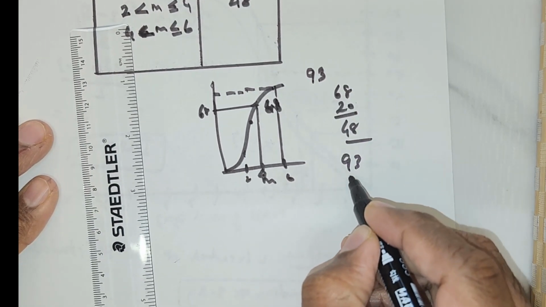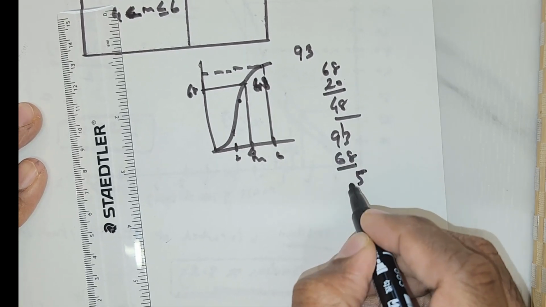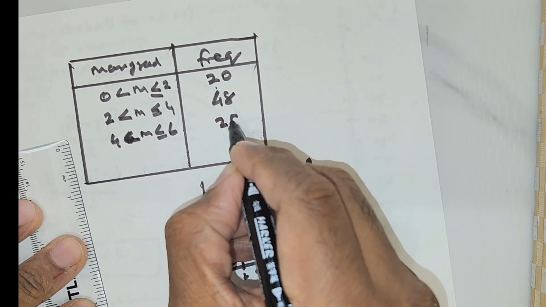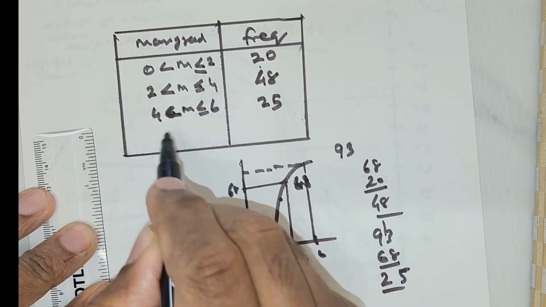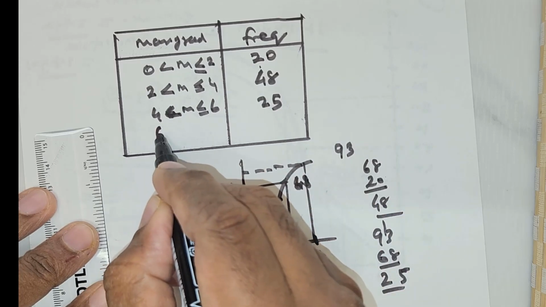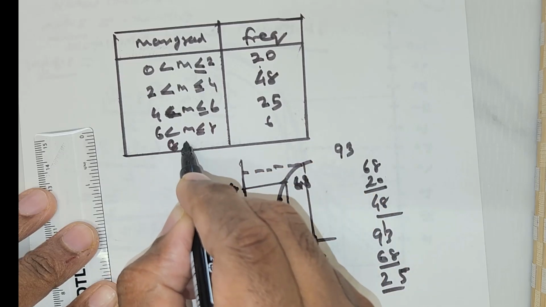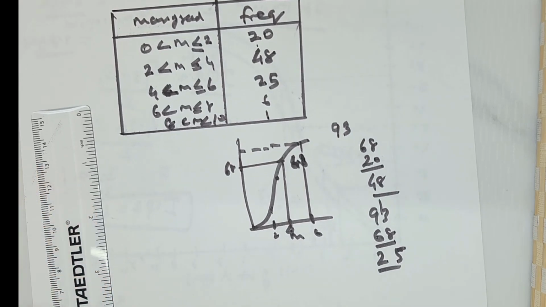So from 93 you take away 68. What do you get? 25. So 25 will be the value here. The rest of the values are already given. Between 6 and 8 it's given as 6. Between 8 and 10 it's given as 1. Okay, fair enough.